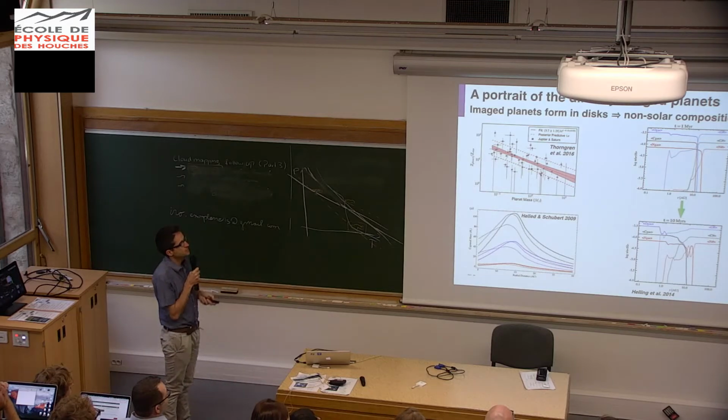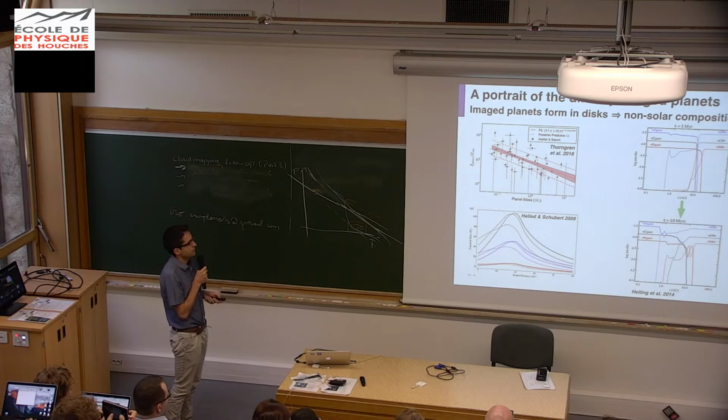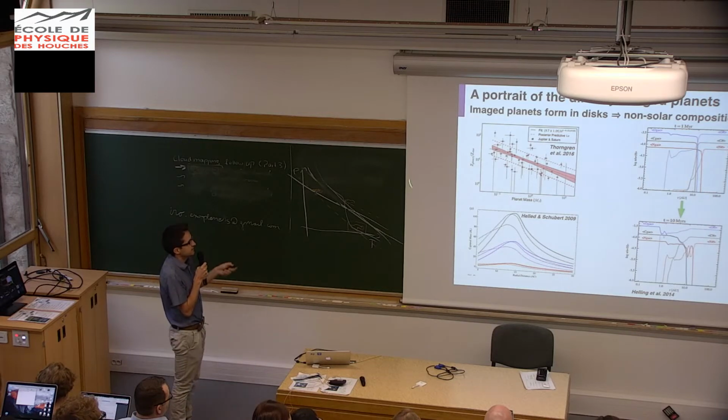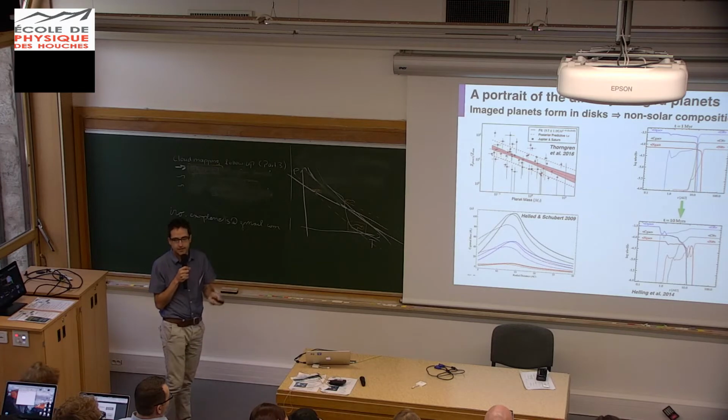The other possible difference between the planets we are studying and brown dwarfs concerns the composition of the planets. If you look at the transiting planets, some of these have a measured density, and the density gives us information about the content in heavy elements of these planets.